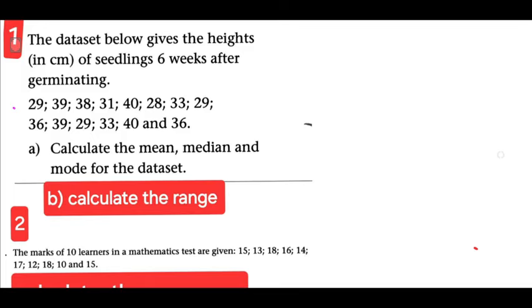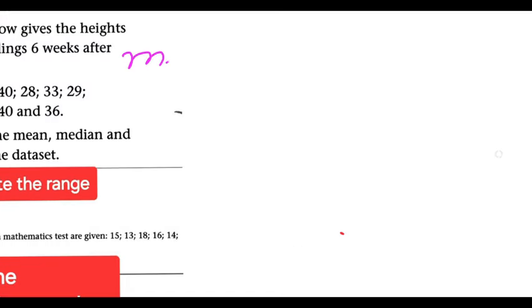So we need to calculate the mean. When you need to calculate the mean, you don't need to rearrange the data. So the mean is the sum of all values divided by the number of values.